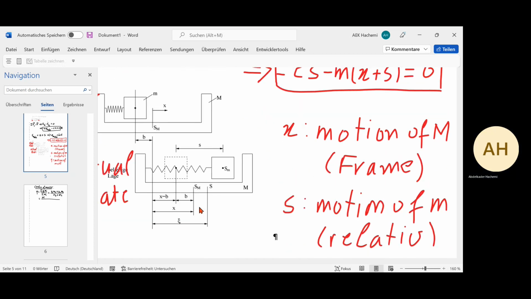For the SM here, the gravity center of the wagon has moved with the distance x.